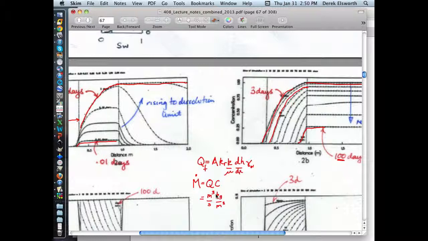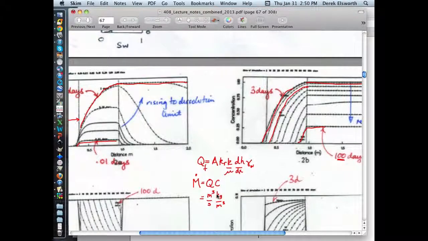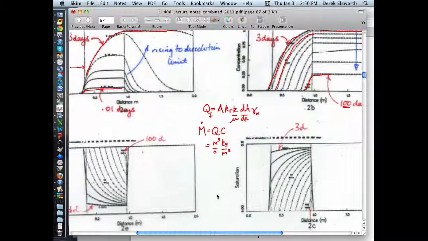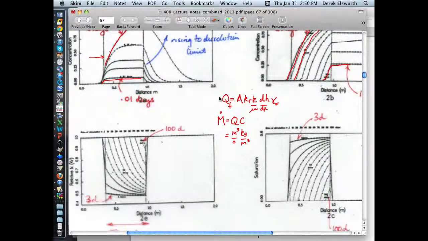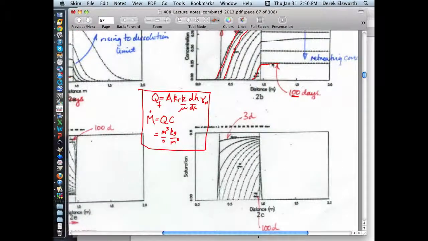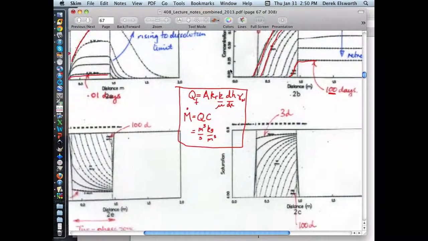So milligrams of TCE per liter, for instance, would be per liter of water. So if you want to do a back of the envelope calculation, quote unquote, then those are the expressions that you'd use. And if you use the same parameters, hopefully you'd find out that after 100 days, you've basically depleted the amount that's sitting in here that you could count.